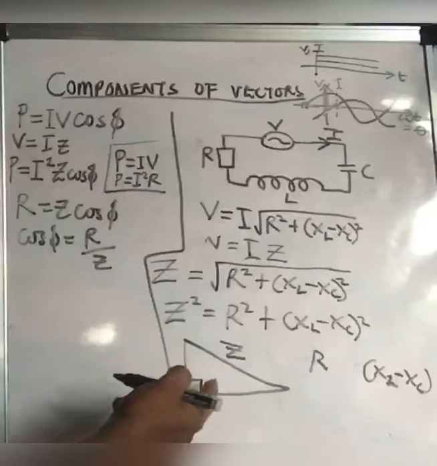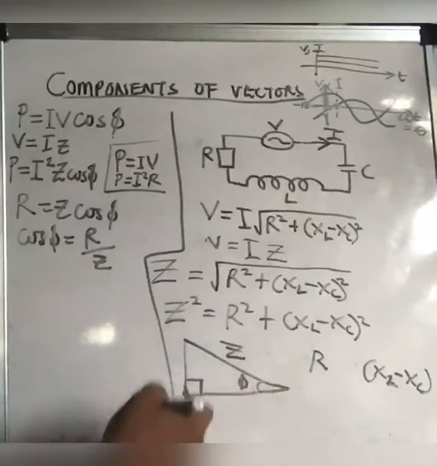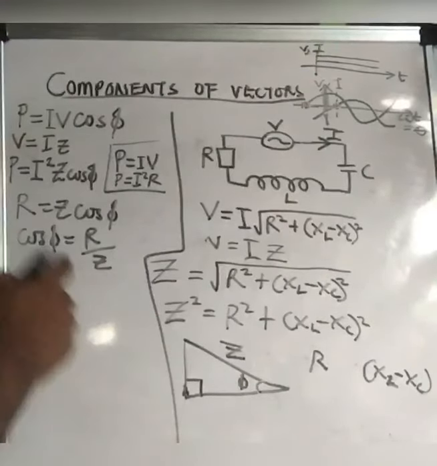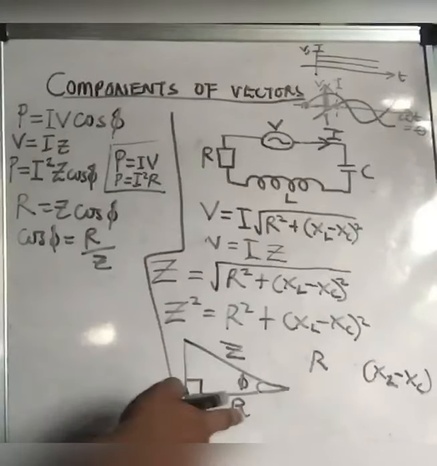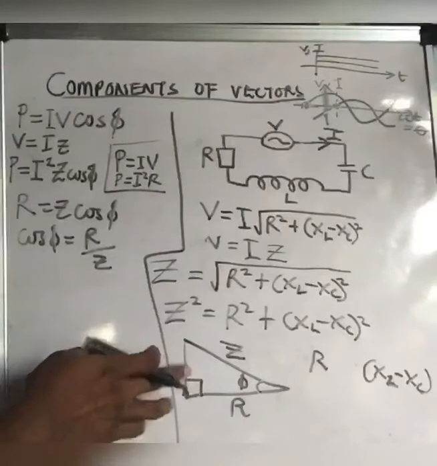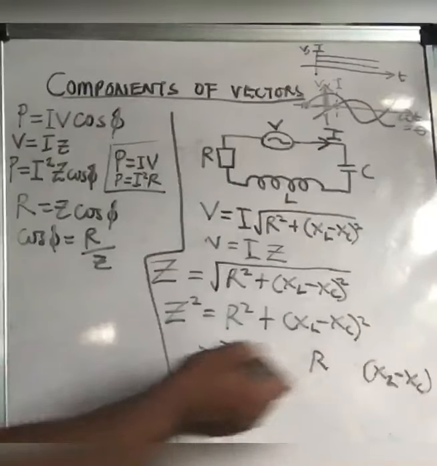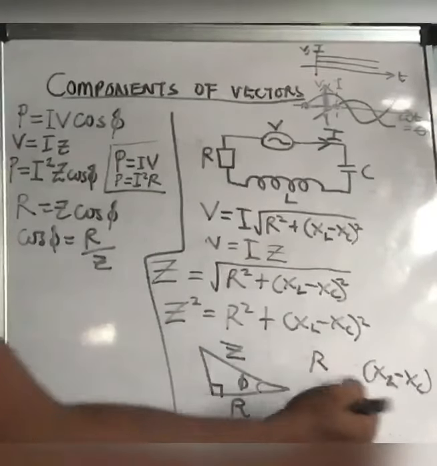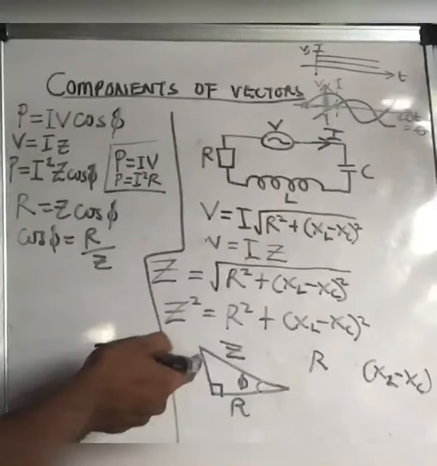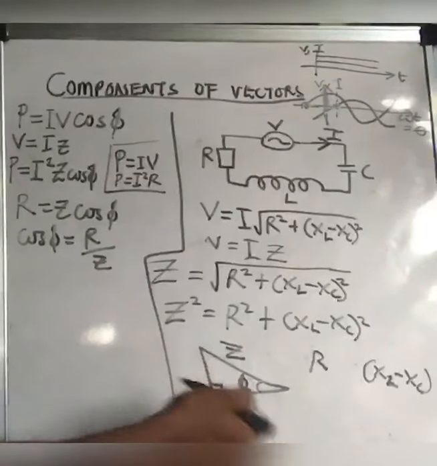So if we come back to this right angle triangle here, and place our phi here, then the adjacent to it should be our resistance, meaning the opposite would be this other one, because we've already established that these two components should be each one of these two sides of this right angle triangle.